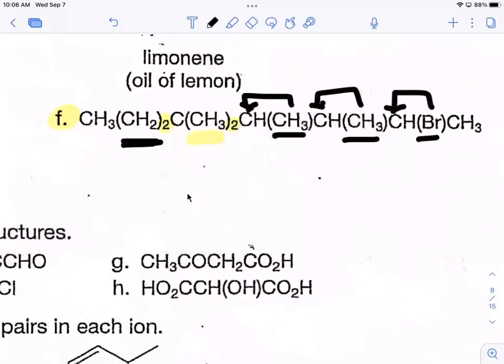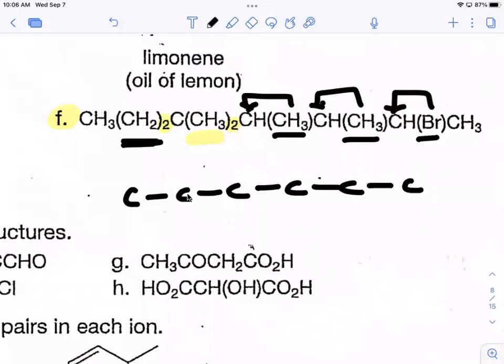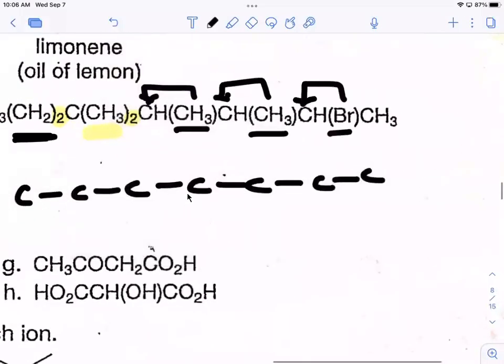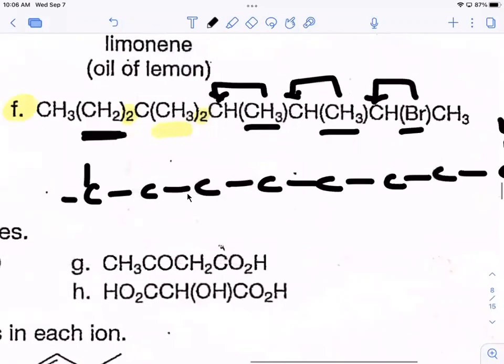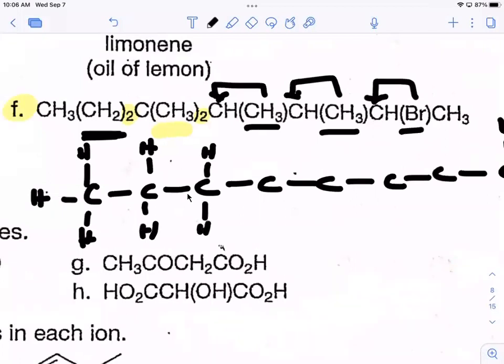So let me see. We have a CH3. We have two CH2s. We have a C. We have CH, CH, CH, and then CH3. All right, so these two are both CH2s based on the parentheses and the subscript.